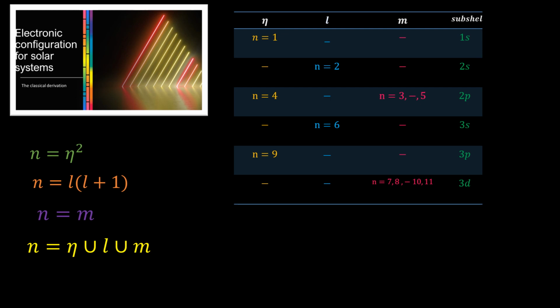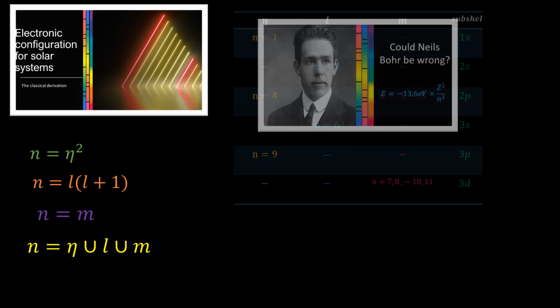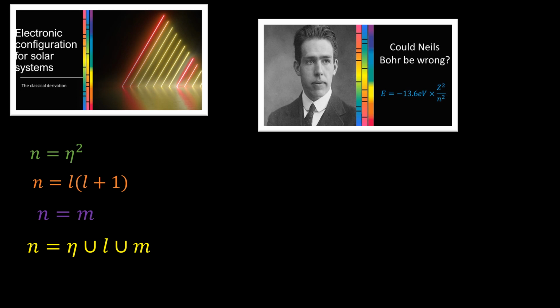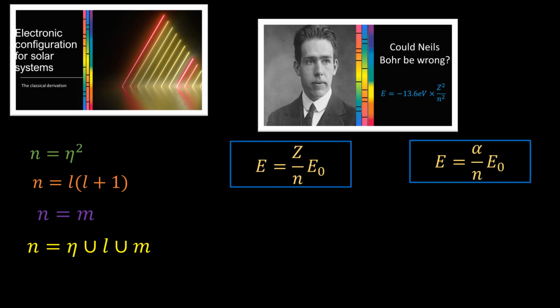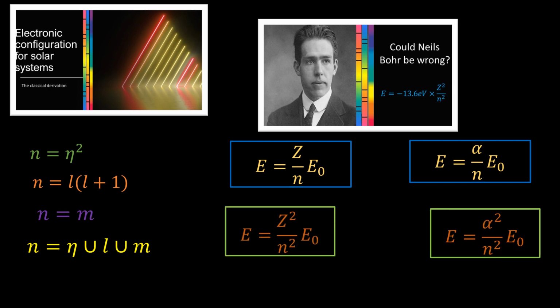Next, we derived the energy equation for both atoms and solar systems in the video titled What if energy is quantized in solar systems, as follows, in contrast to the quantization formula you know for atoms, which is this, and by extrapolation, this for solar systems.